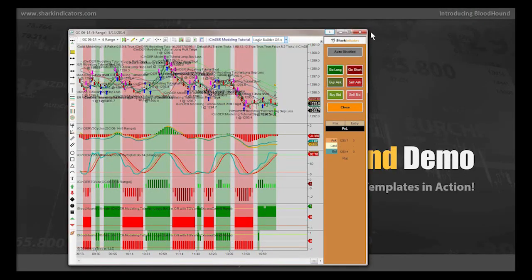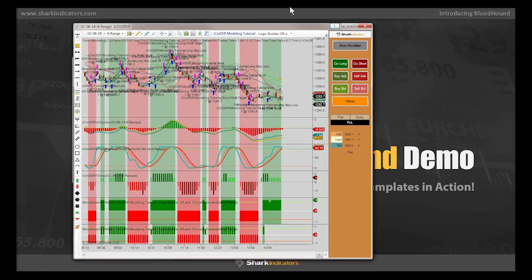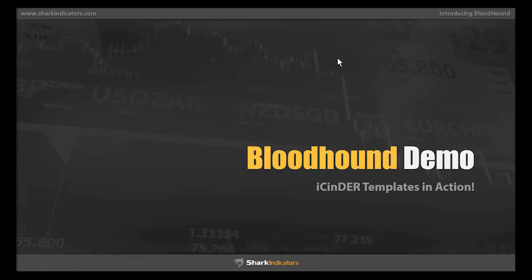So again, the value to me is to have a product that helps me bridge together iCinDER with a product that helps me evaluate quickly any type of symbol in the market. With that, I'm going to turn it back to Sean.